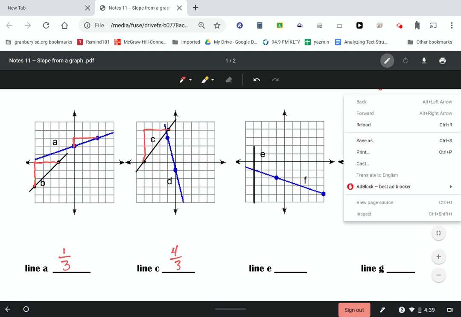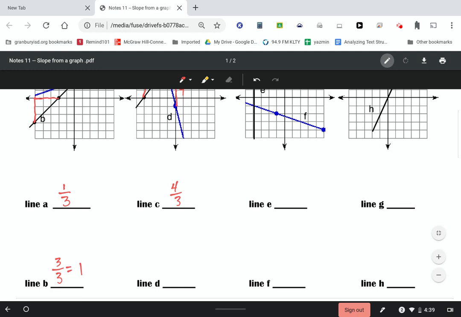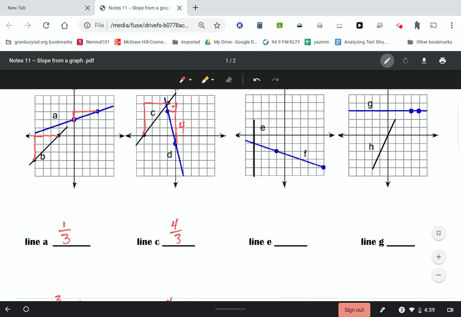We're going to start at D. So I'm going to rise 1, 2, 3, 4. Now then, when I go left, it's going to be a negative. So this is up 4 and left 1, which will be a -1. So 4 divided by -1 gives me -4 as a whole number.